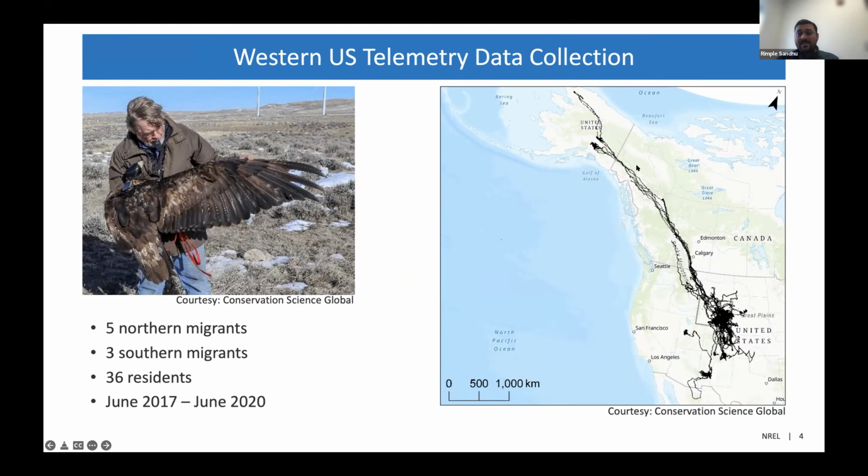But you can see there are 5 northern migrants, 3 southern migrants, and 36 residents. So the data that we have is mostly residents, but you can see the migrants going all the way to Alaska here. The data was collected from 2017 to 2020. But the data we're going to use in this model building is a subset of the data that I showed in the previous slide.